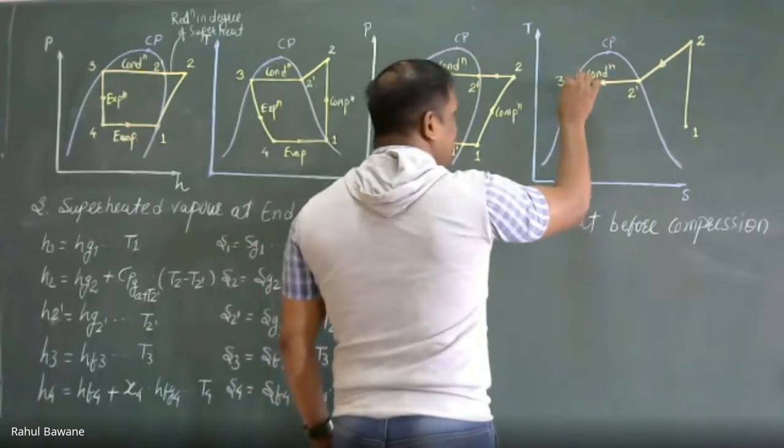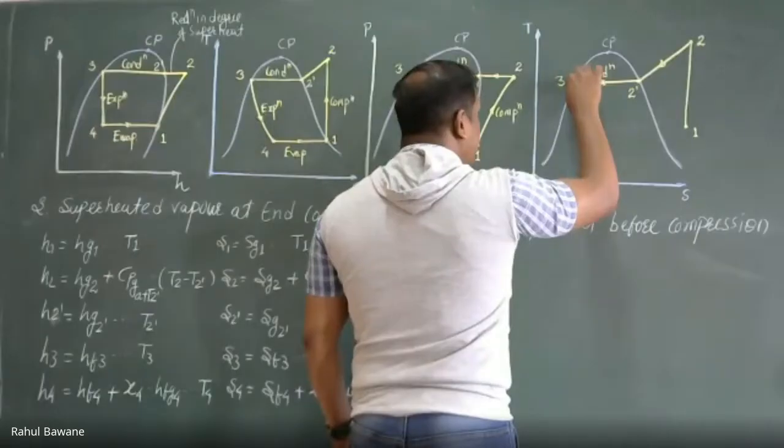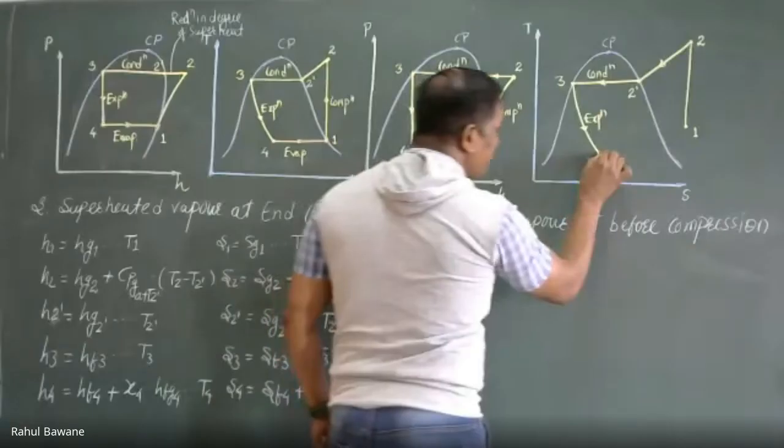After condensation, I supply this refrigerant to the expansion valve where the throttling process takes place. So this is point 4.